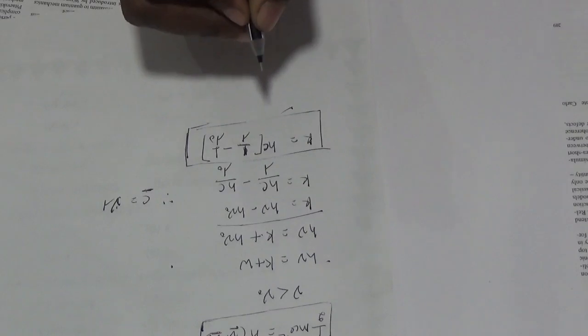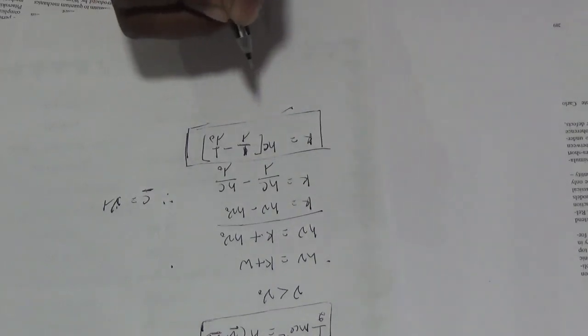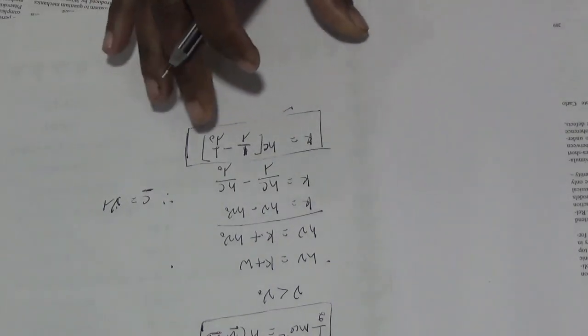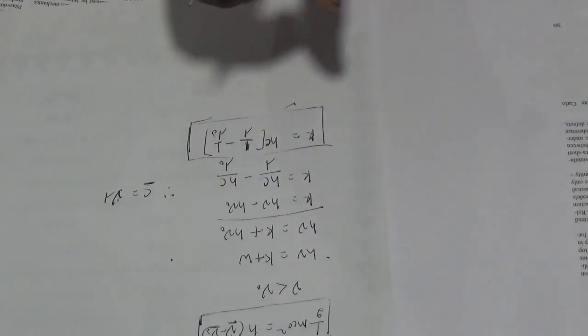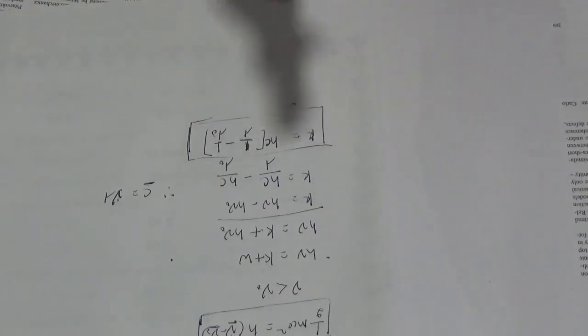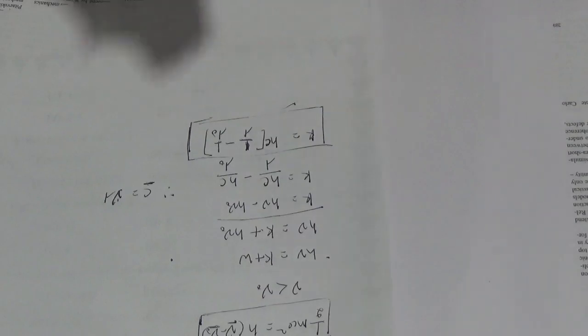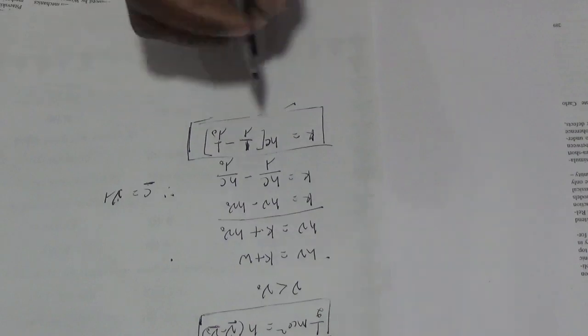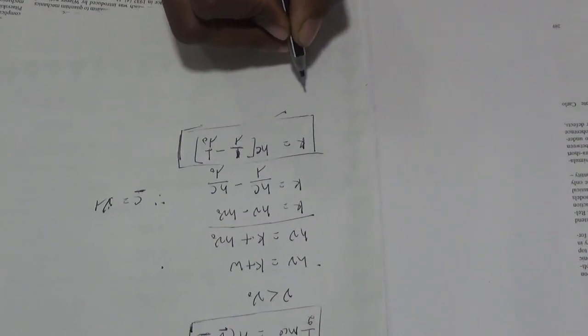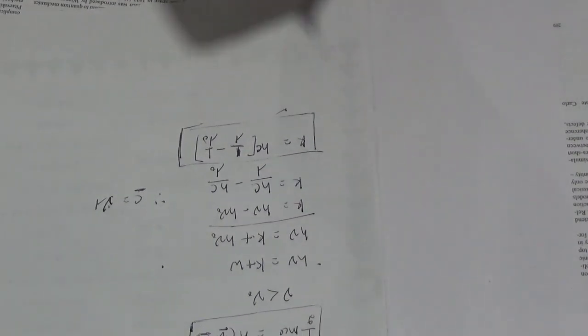Friends, we have discussed the stopping potential. What is stopping potential? Friends, it is a negative potential which repels the electrons going towards the positive plate. It is an applied negative potential on the positive plate which repels the electrons. Now we can calculate the stopping potential.